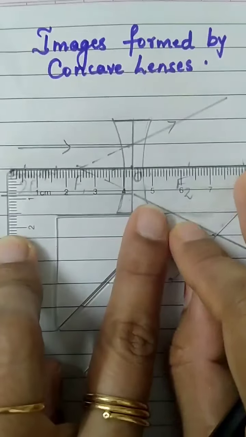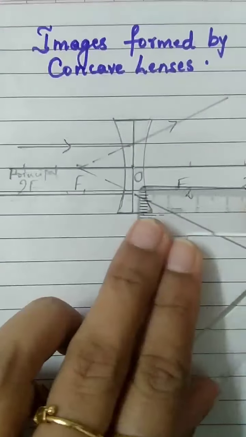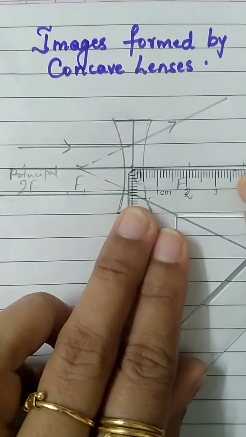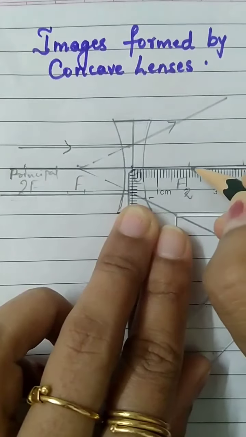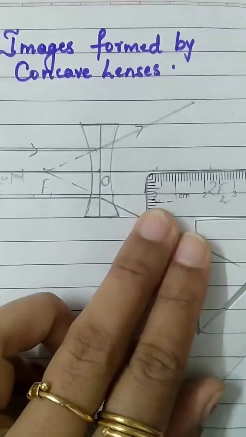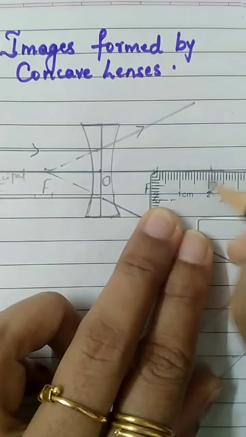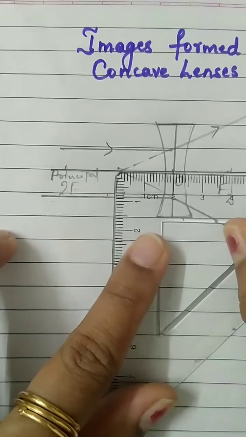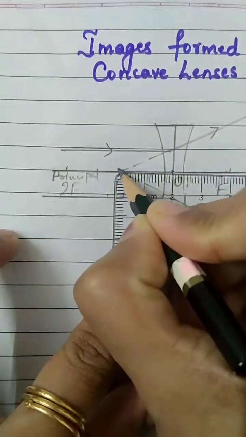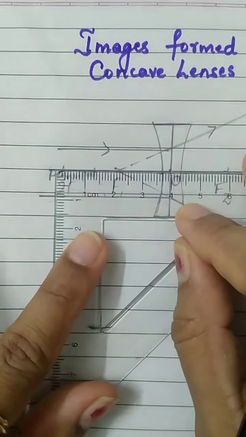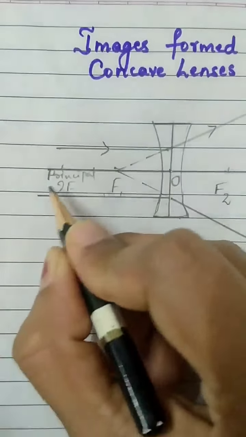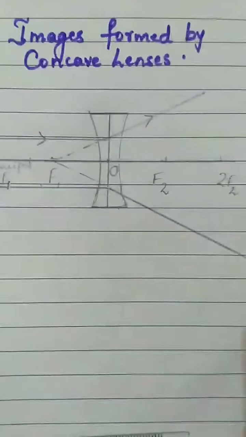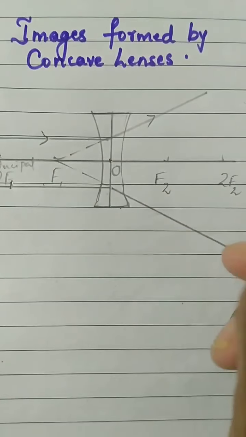Then draw the principal axis. Then from the optical center, I have marked 2 centimeter, again 2 centimeter. Same way on the left side also, from the optical center 2 centimeter, again 2 centimeter. So F1, 2F1, F2 and 2F2.